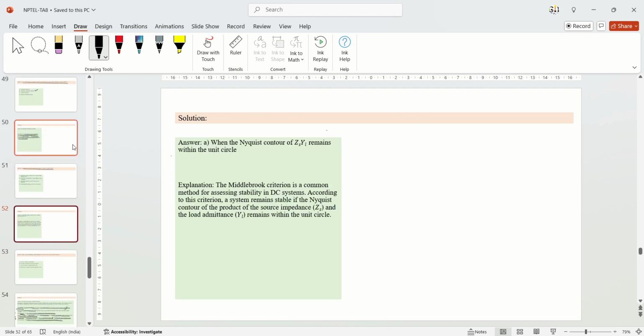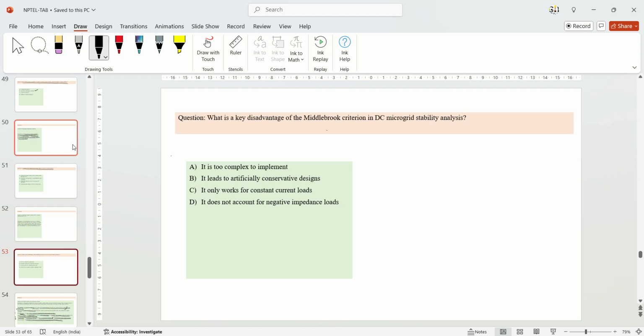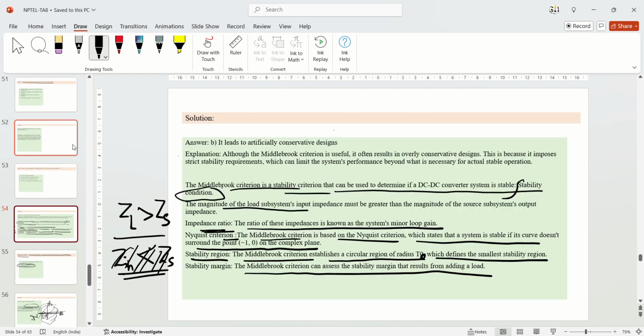That is when the Nyquist contour, that is ZS over ZL, remains within the unit circle, you can say that it is stable. And the key disadvantage of the Middlebrook criterion is that it leads to artificially conservative designs, okay, which is not actually imposing strict stability requirements.